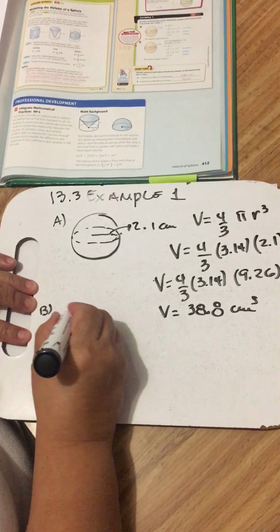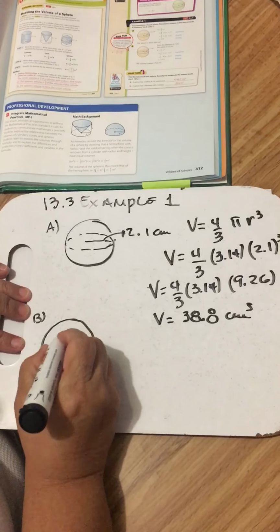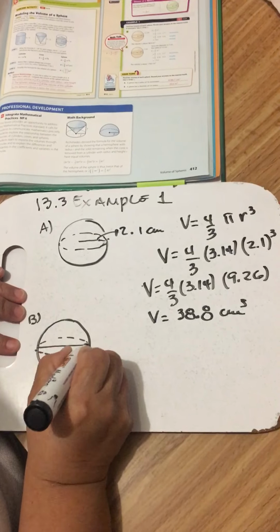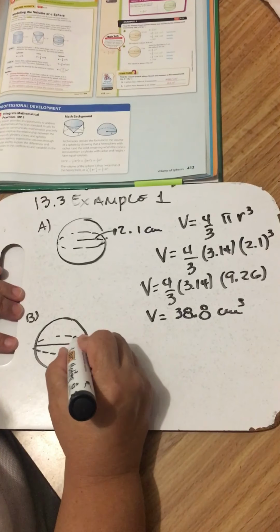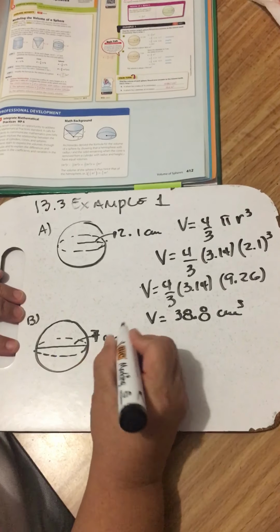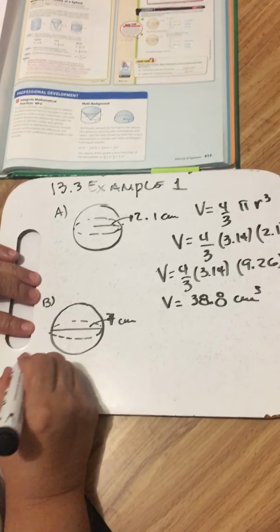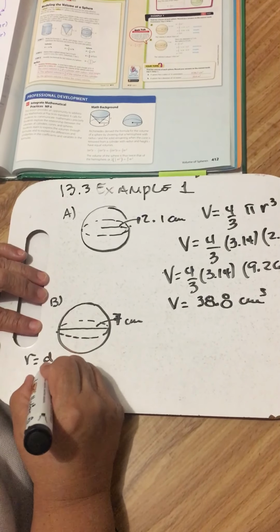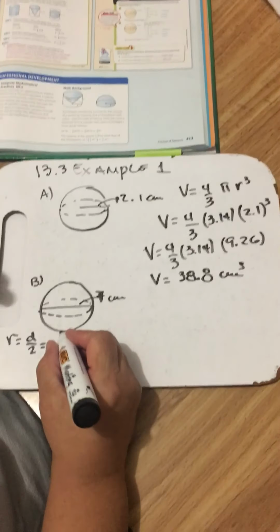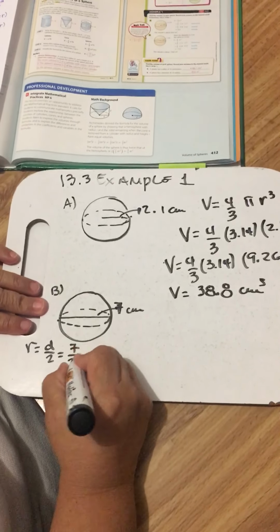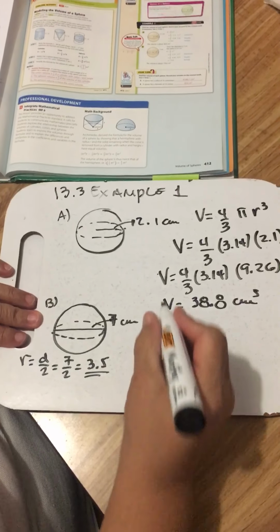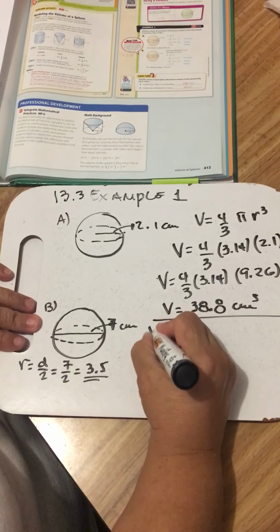Now we have part B. We have another sphere, but now we have the diameter. The diameter is going to be 7 centimeters. Then remember that the radius is equal to the diameter divided by 2. Now we have 7 divided by 2 is 3.5. Then the radius is going to be 3.5. Now we substitute in the formula.